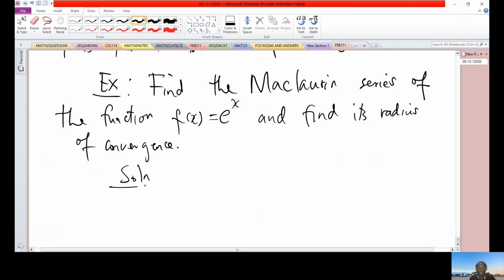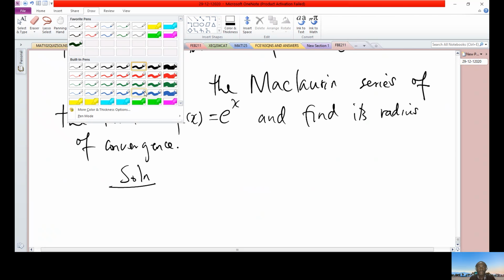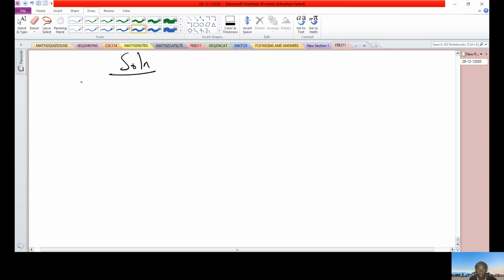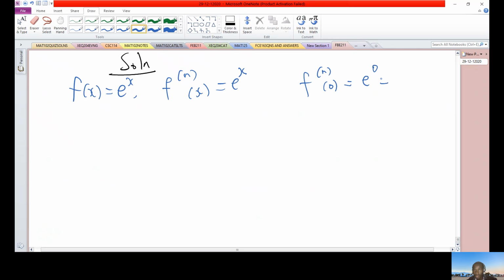Solution: this is a very easy exercise to work out. f of x is given by e to the power x, so the nth derivative at 0 is e to the power 0, which equals 1 for all n.